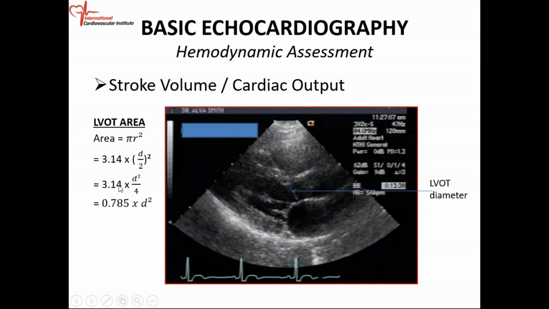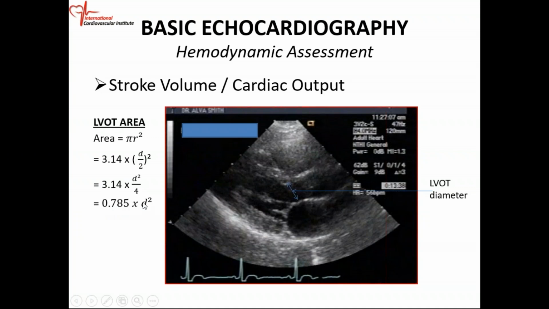So pi 3.14 times, when you simplify this, you get diameter squared over 4. 3.14 divided by 4 is 0.785, and then you multiply by the diameter squared. So the area of the LVOT, assuming that it's circular, is 0.785 times d squared.